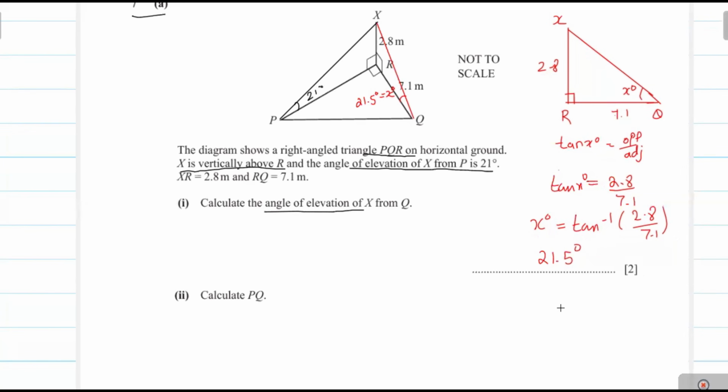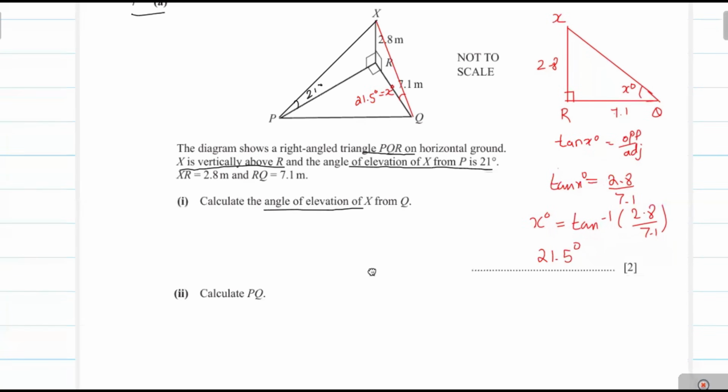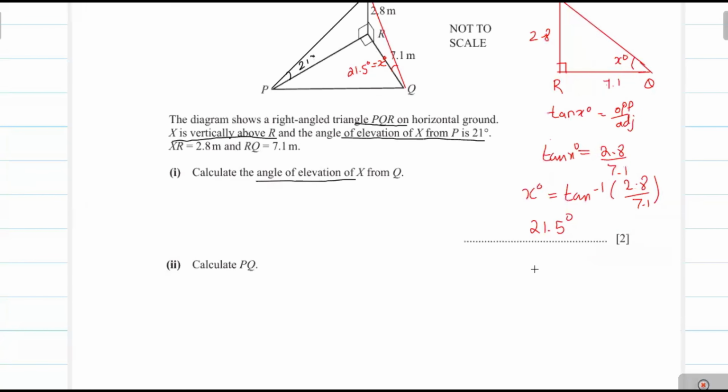Next, calculate the length PQ. This is the length PQ. We make the right angle triangle PRQ here. You see here this is the right angle, and this length RQ is 7.1 meters, and RP length is not given. We have to find this length, and we name it x.